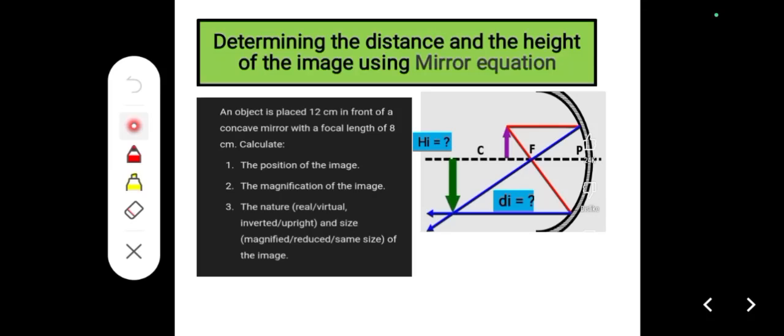Okay, so we already know that the image is bigger than the object. We already know that the distance of the image is farther than 12 centimeters. But we are not accurate about the specific distance and the specific height of the image. So that is where we will use our mirror equation.